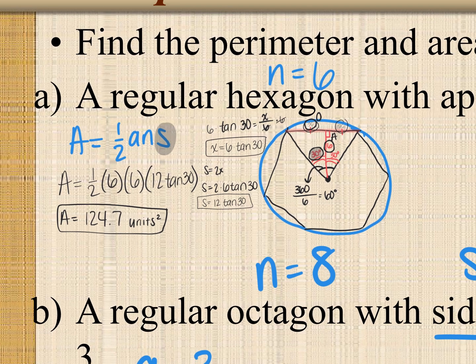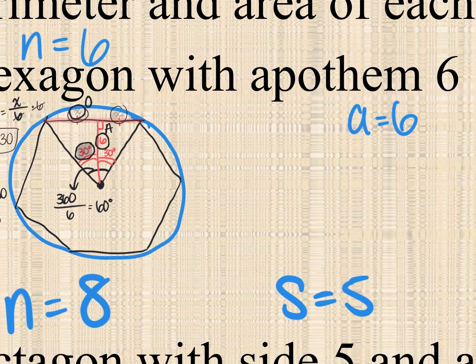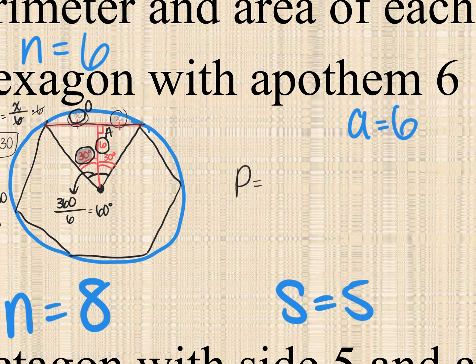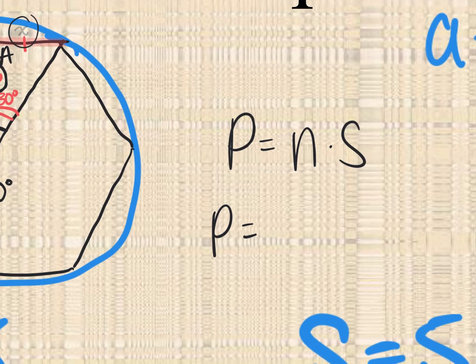And this particular question also wants us to find what? Perimeter. Hannah, let me find the perimeter really quick and then I'll take your question, I promise. Okay, so perimeter is just going to be n times s. What was n again, the number of sides? 6, right?